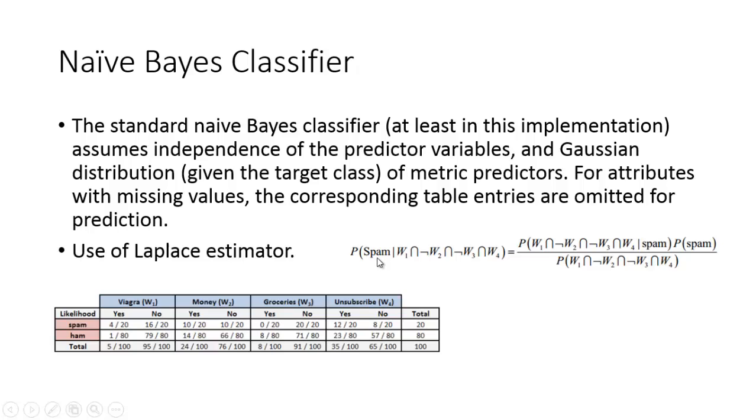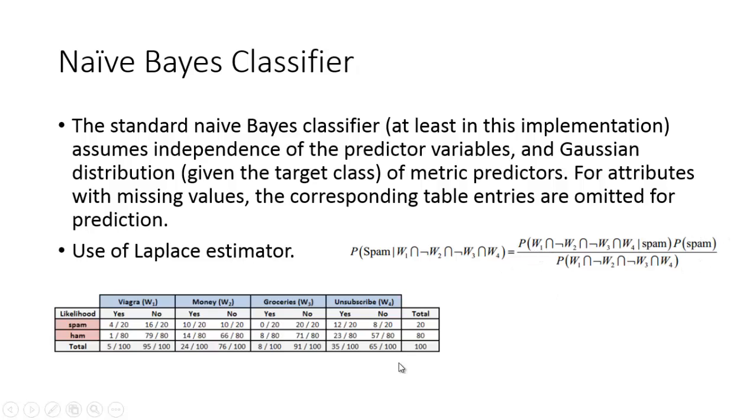So for example, if I have to classify, what does this expression signify? The probability that, given this set of words, a message is spam. This can be calculated using the Bayes approach.